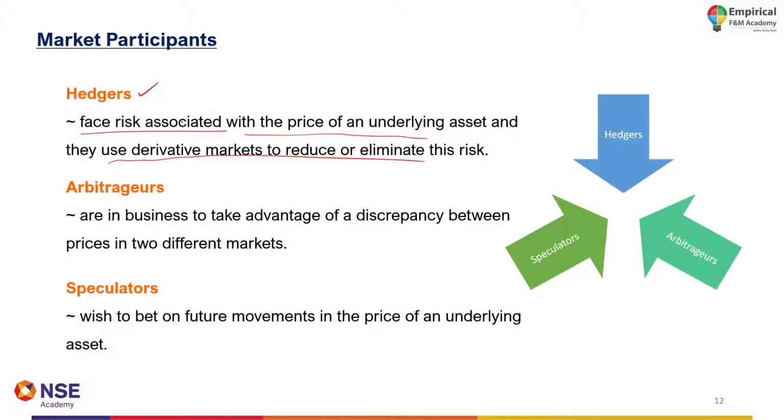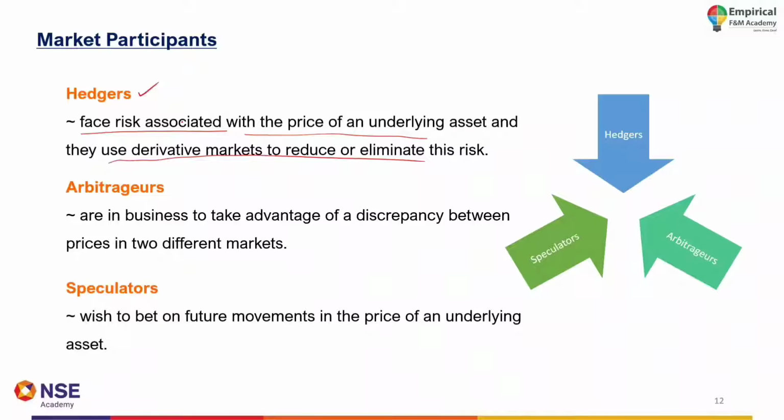Arbitrageurs are in business to take advantage of discrepancies between prices in two different markets. So I gave you one example. Now we have two different markets: I've got the currency spot market, and I've got currency forward or currency derivatives. If there is a big difference between the two markets, buy wherever it is low, sell wherever it is higher.